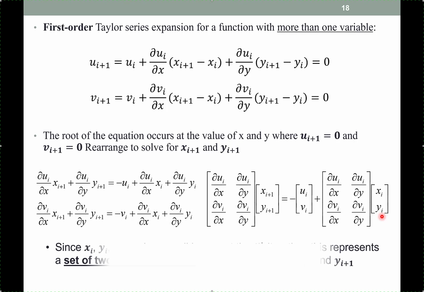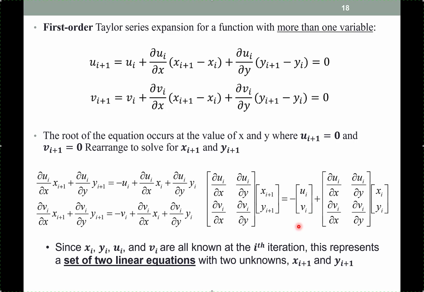Since we know everything in here, the derivatives at the initial values and the values of the function using the initial guesses, the only unknowns are xi plus 1 and yi plus 1. So you would want to rearrange this equation to solve for xi plus 1 and yi plus 1.